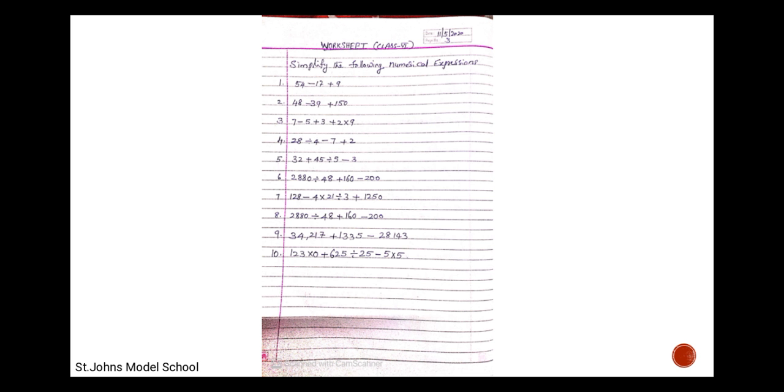And 10th question, you have 123 into 0 plus 625 divided by 25 minus 5 into 5. In that, the first part is 0 only, because any number multiplied with 0 is 0. Then do division, then subtract it.